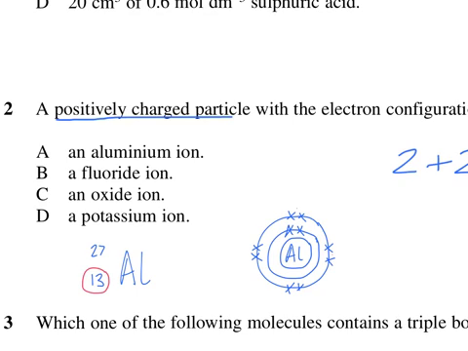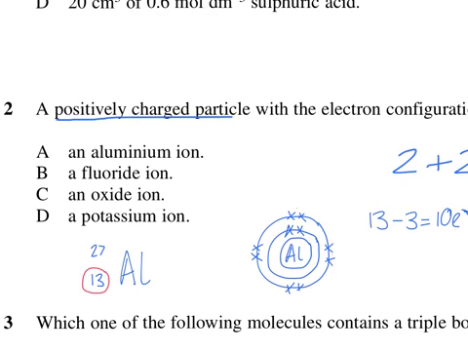Now you can count up the electrons in the picture, or think about it as a calculation. We had 13 electrons, we took away 3, and now we have 10 electrons. So we have the correct number of electrons, but do we have the correct charge? What happens when an atom loses electrons?